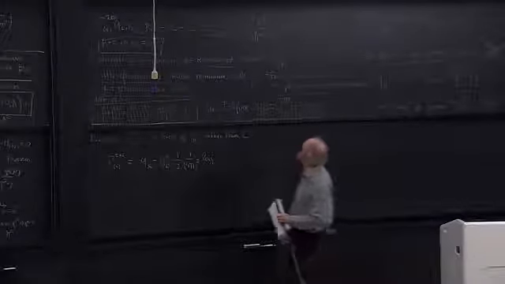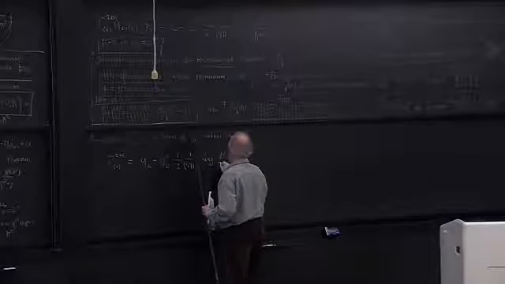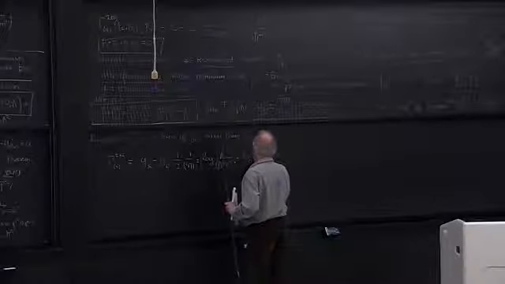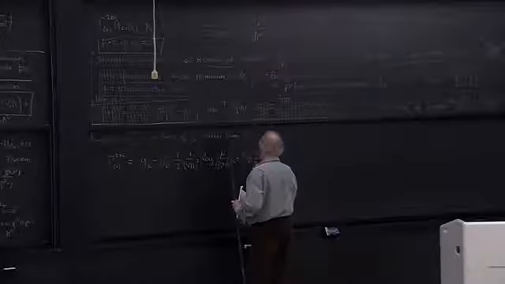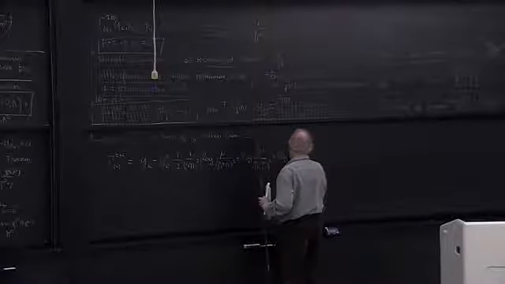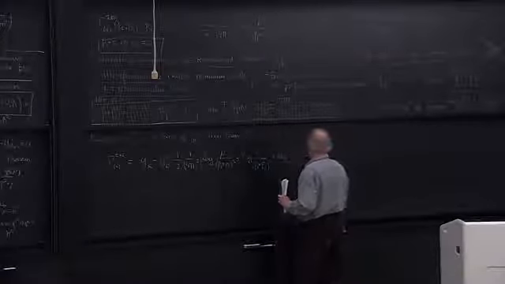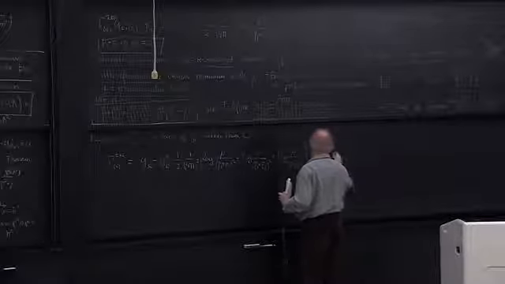So what you get is log of mu squared divided by P1 plus P2 squared, plus log of mu squared divided by P1 plus P3 squared, plus log of mu squared divided by P1 plus P4 squared, plus terms of order GR to the power 3.